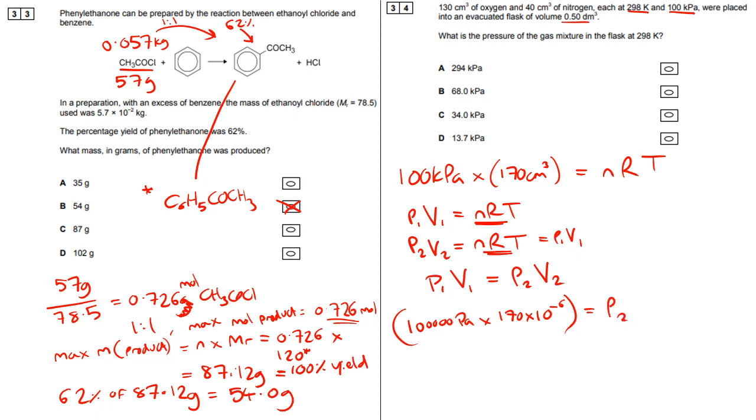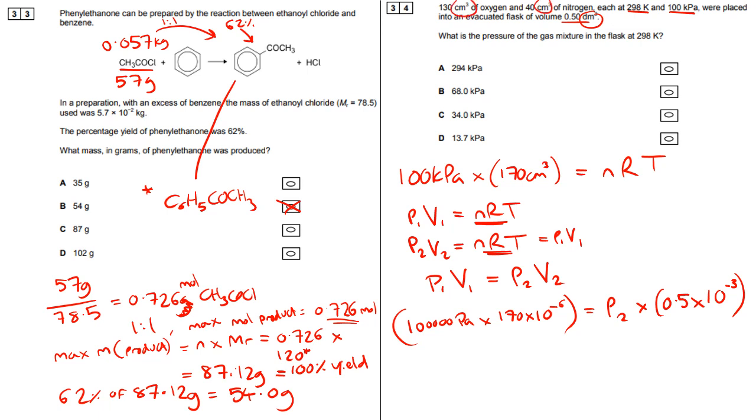We're being asked to work out the new pressure, and the new volume is 0.5 decimetres cubed. Again, make sure you convert that to the same units, which is metres cubed. So 0.5 times 10 to the minus 3, because it's decimetres cubed here and centimetres cubed to begin with.